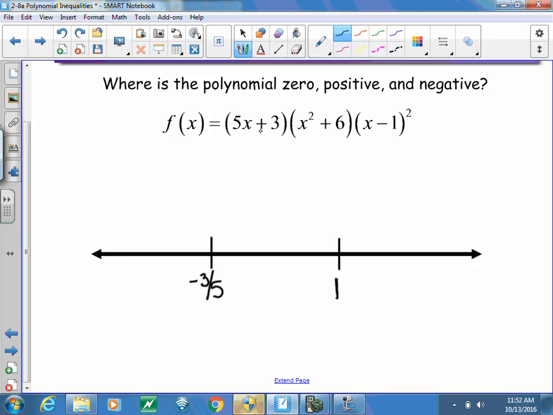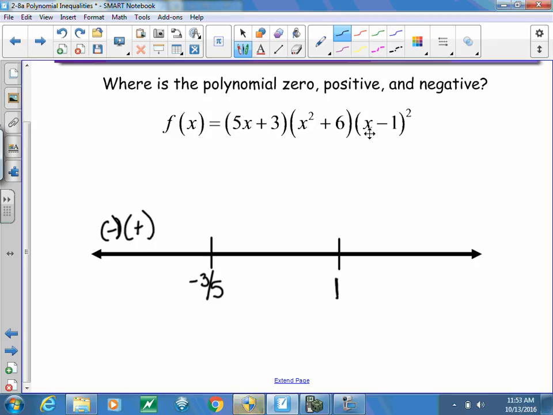So here I have 5x plus 3. If I pick a number that's going to be less than negative 3/5, so we could go ahead and say negative 2, 5 times a negative 2 is negative 10, plus 3, that's going to give us negative 7, so I would get a negative answer from that. Working on the next one, negative 2 squared would be positive 4. Positive 4 plus 6 would give us a positive answer.